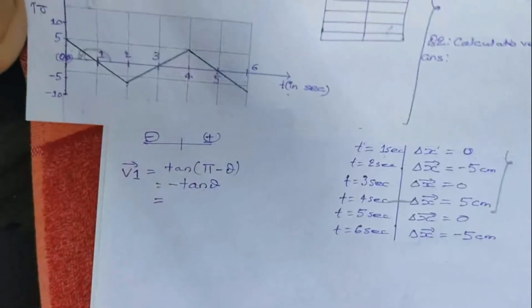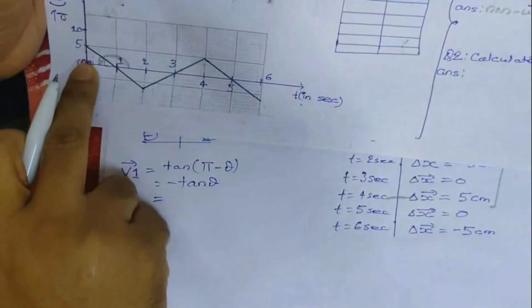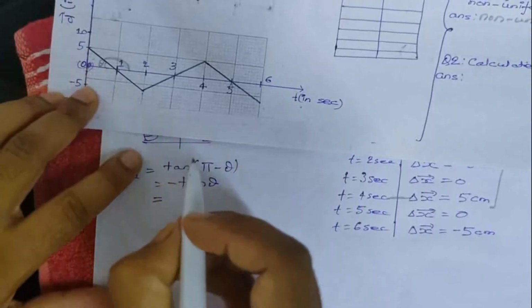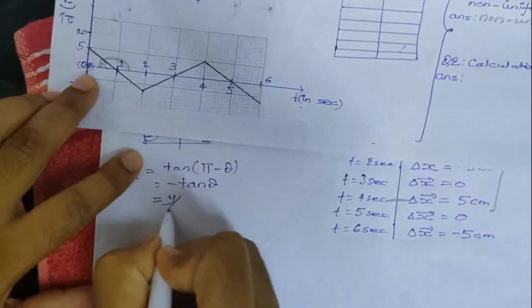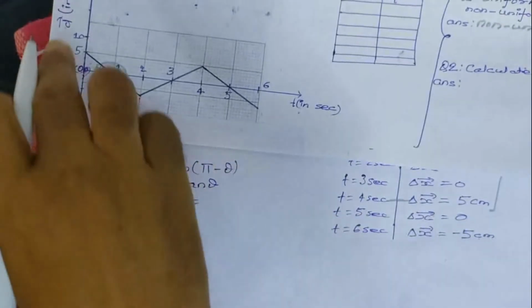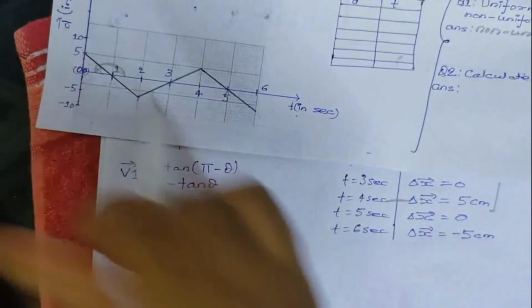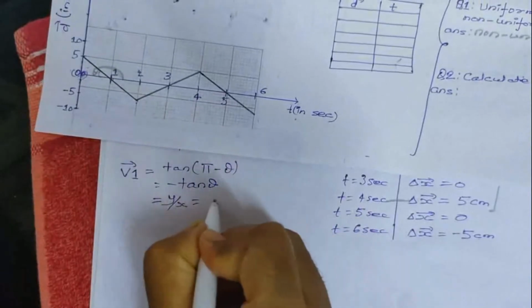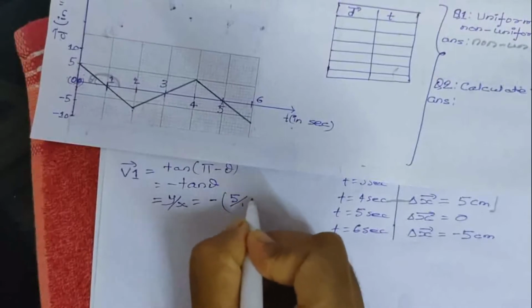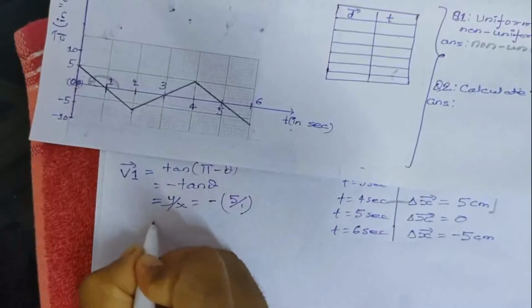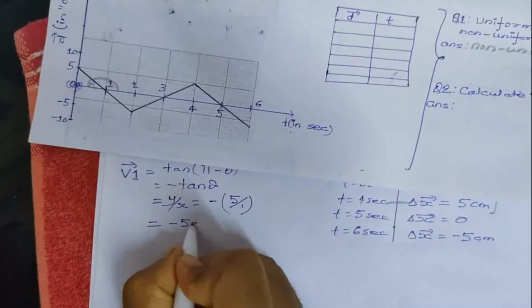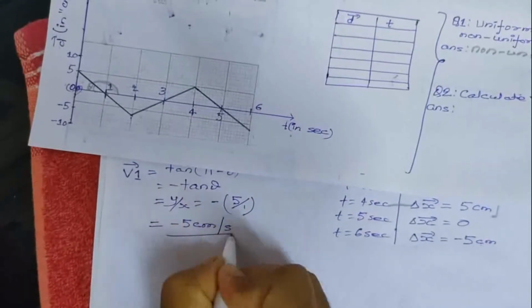So what is tan theta? y by x, you can say. So what is the value of displacement? 5. It will be minus of 5 by 1. Fine. So velocity will come out to be minus 5 centimeter per second.